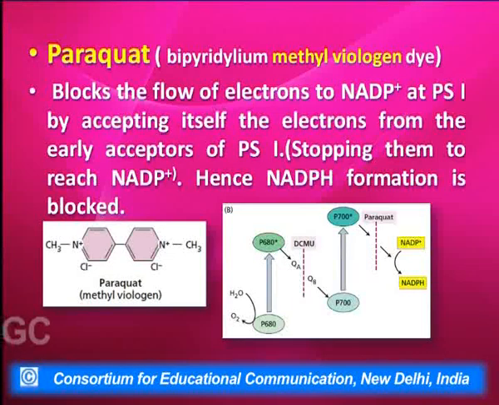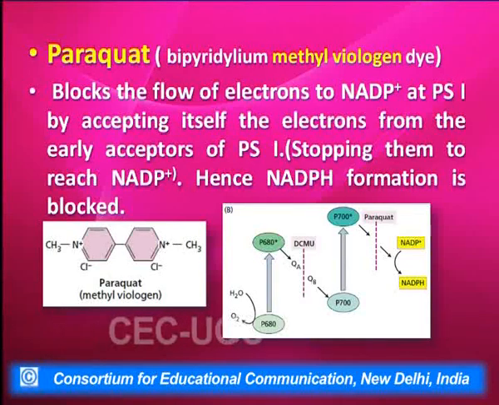It will block the electron flow not between PS2 and PS1, but at the stage where the second electron transport chain is operative, before the NADP reductase complex.